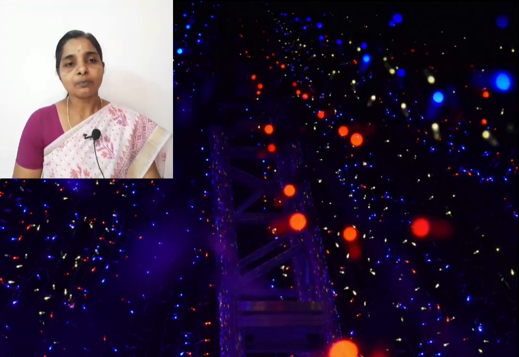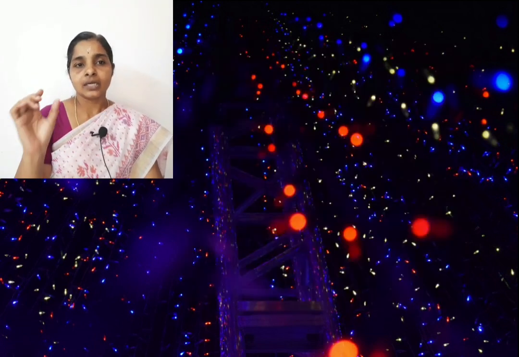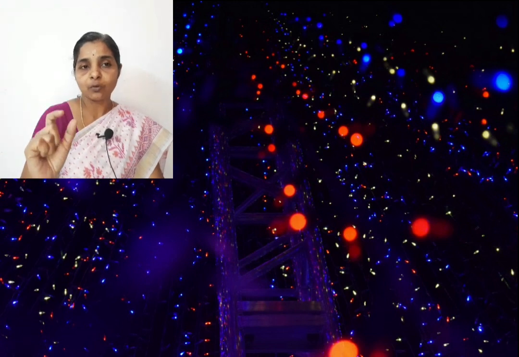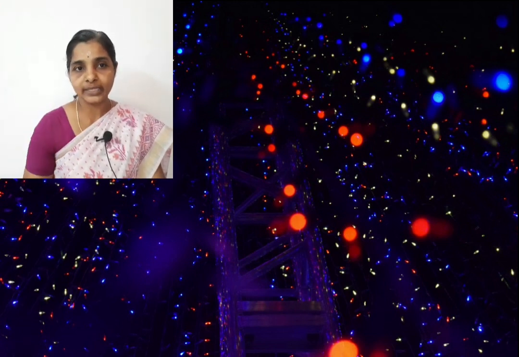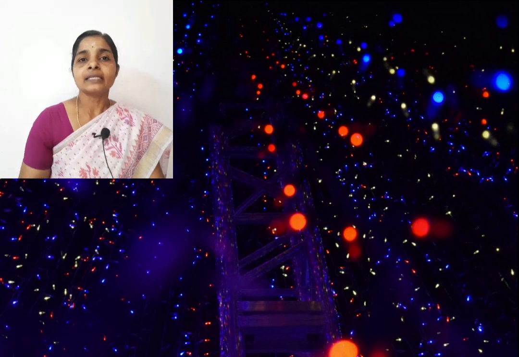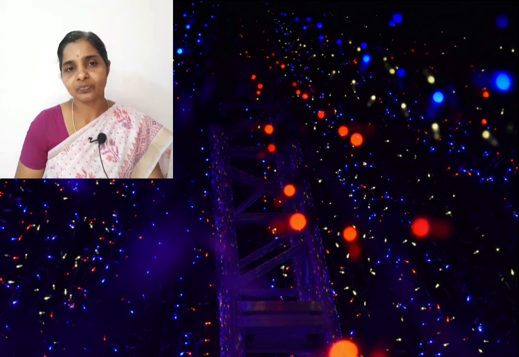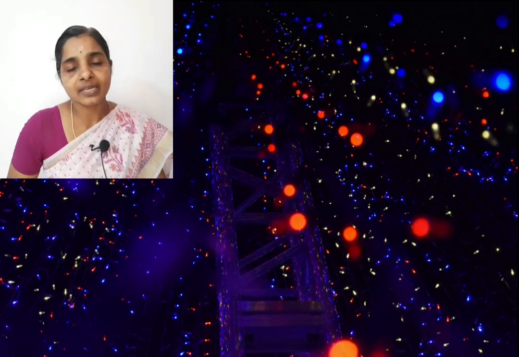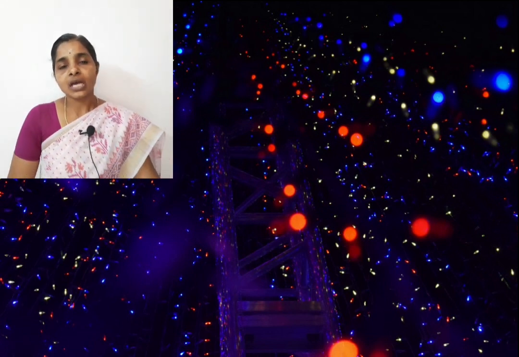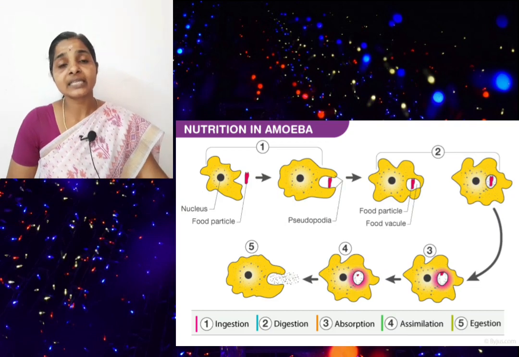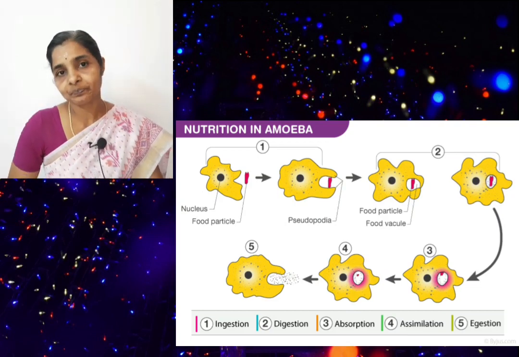Then another point is that the plasma membrane is made up of lipids and proteins, so the plasma membrane is flexible in nature. What is the use of this flexibility? Because of that, amoeba can capture its food material.